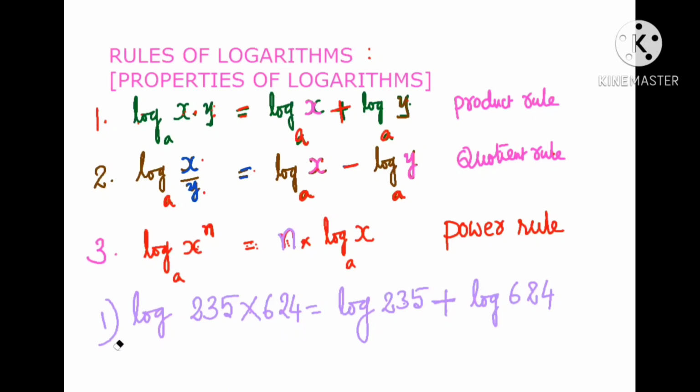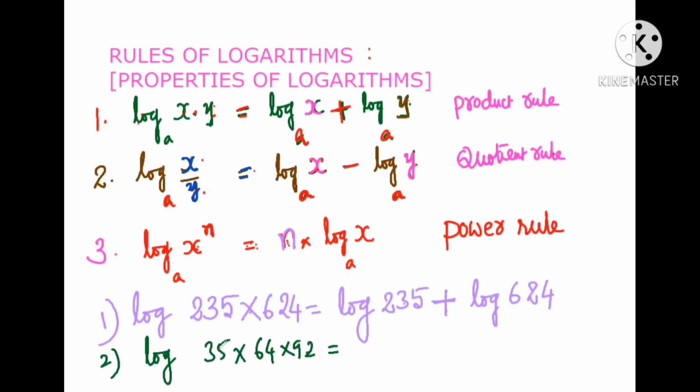Now in this way, if we take one more example like this, logarithm of 35 into 64 into 92. To find the product of three numbers we use this first rule.